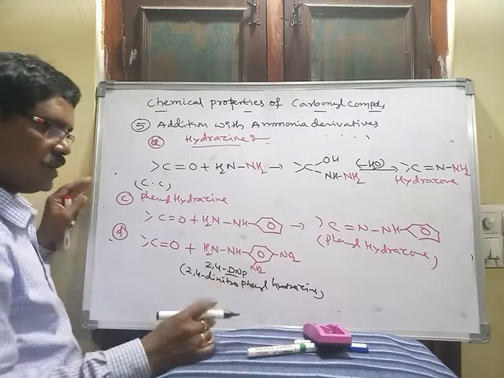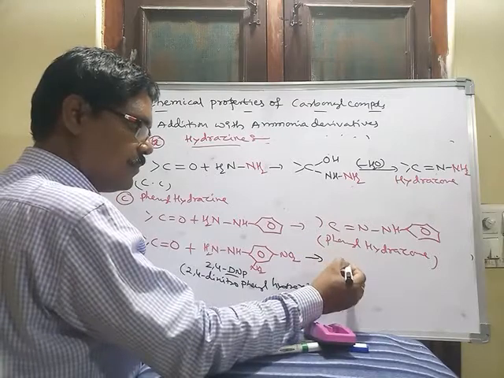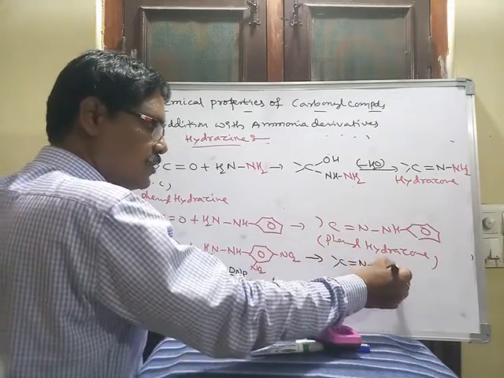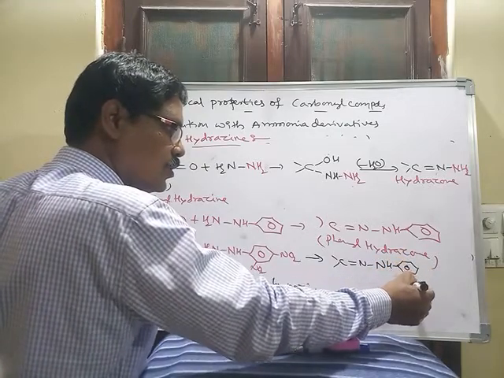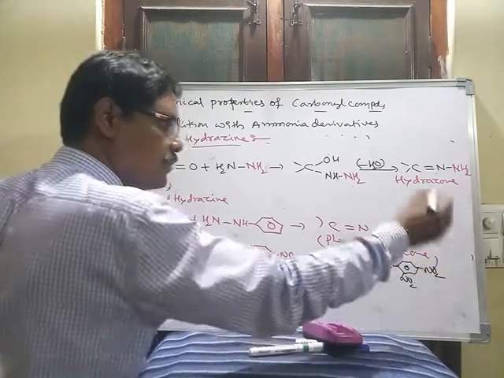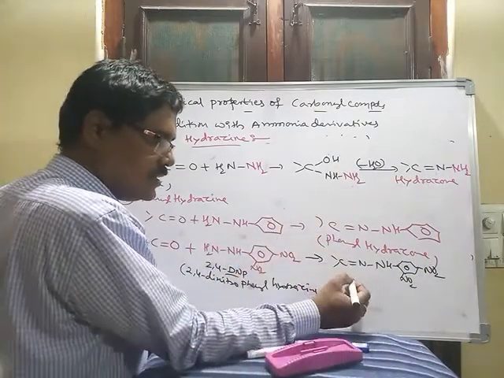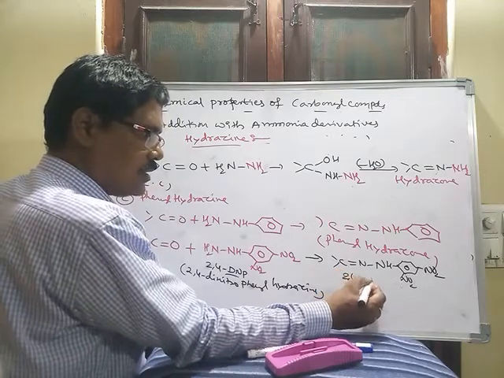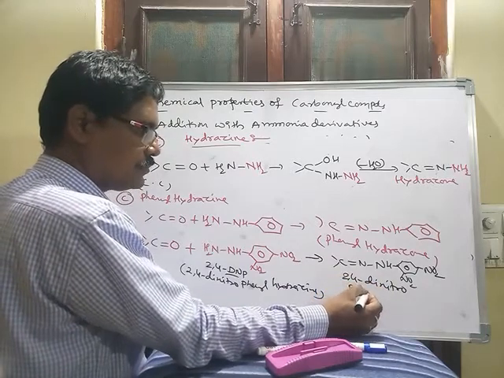This shortcut is 2,4-DNP. It reacts to form the same C=N-NH-benzene ring with NO2 groups. This is also called 2,4-dinitrophenylhydrazone.